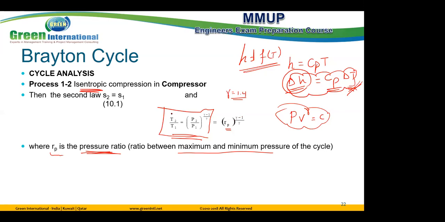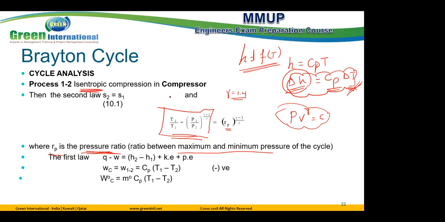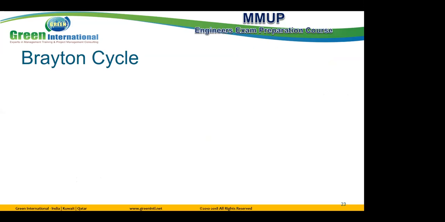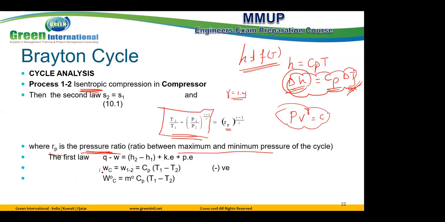So once H1 and H2 are known, you can calculate the work of the compressor. The equation for compressor work is Cp delta T, which comes from the difference between two enthalpies. The same, I can multiply by m dot to obtain power. This is kilowatt, and this is kilojoule per kilogram.